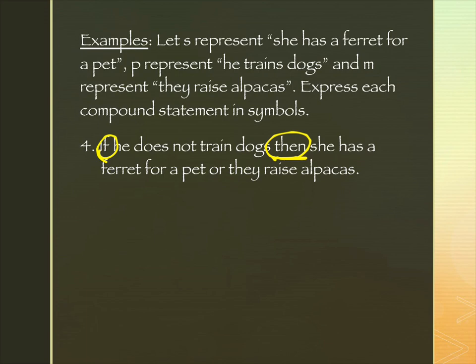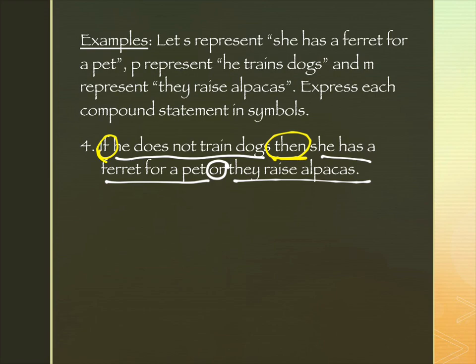And I want to see the pieces that they're connecting in between. So this one says he does not train dogs. That's fine. This one says she has a ferret for a pet. But then I actually have the word or here. And they raise alpacas. So not only is there an if-then in this one, there's also an or in this one, okay?